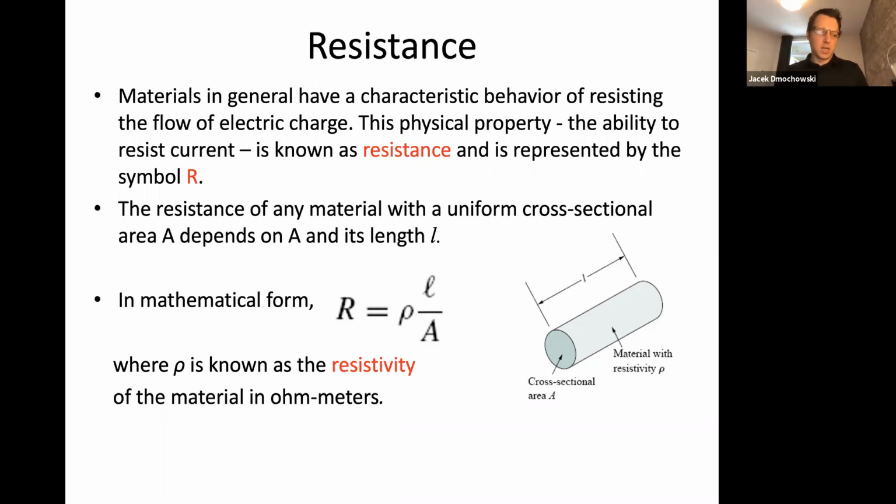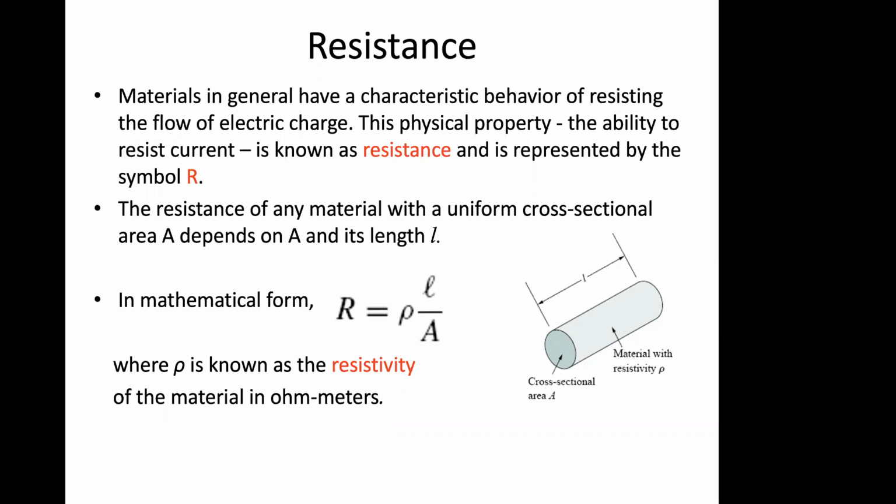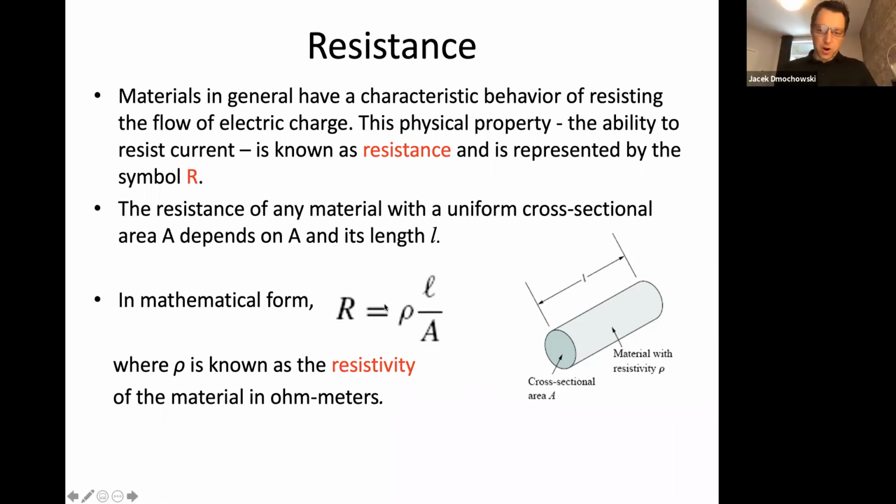And so increasing the cross-sectional area will reduce the resistance, while increasing the length will increase the resistance. So again, rho here is just an intrinsic property of a material and is completely independent of the geometry, whereas the resistance R is dependent on the geometry.